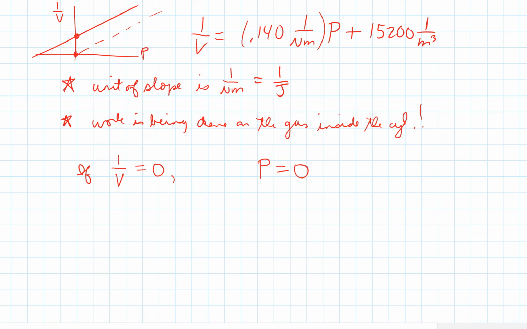Now 1 over volume basically means that volume itself is infinite. And so let's just think about this and see if this makes sense. If you had an infinite volume, so you start with whatever's in your cylinder and then you let it expand to an infinite volume, the pressure is going to be basically 0. So this makes sense. And so what we expect to happen was this dotted line.